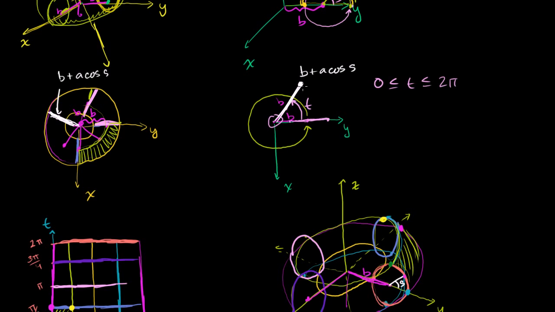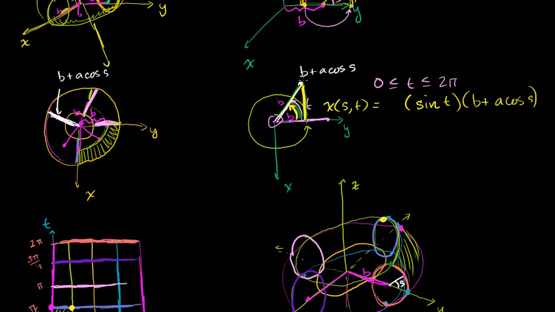Well, you draw another right triangle right here. This angle right here is t. This distance right here is going to be this times the sine of our angle. So this right here, which is essentially our x coordinate, x as a function of s and t, is going to be equal to the sine of t, t is our angle right there, times this radius, times b plus a cosine of s.